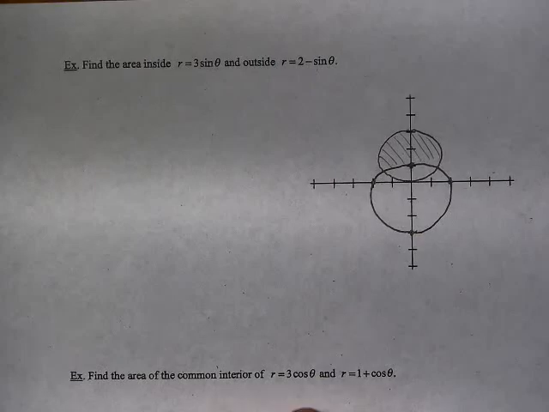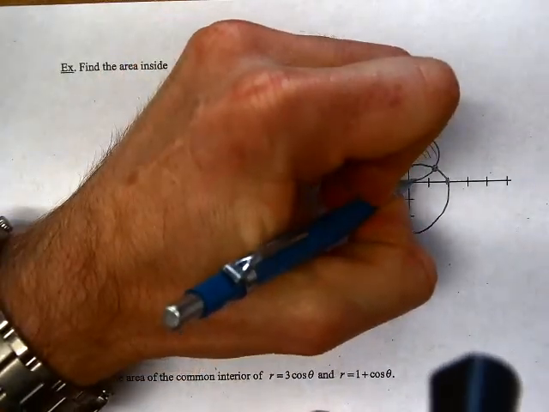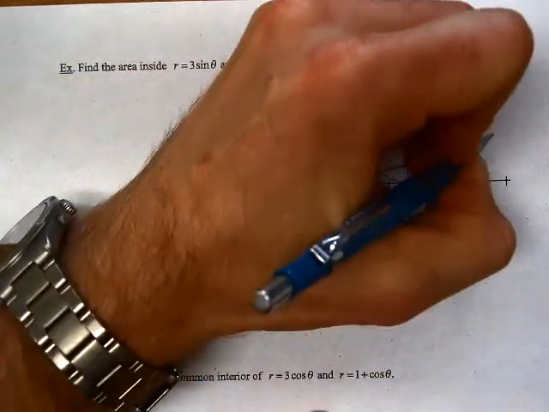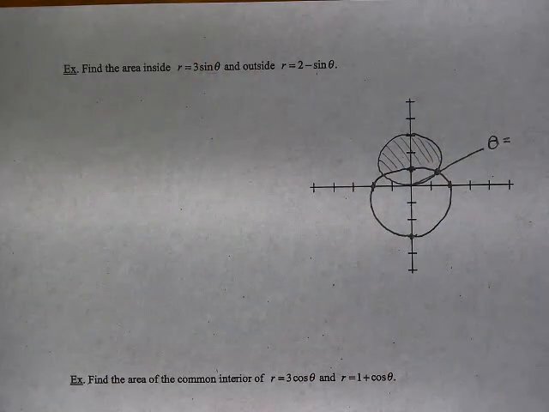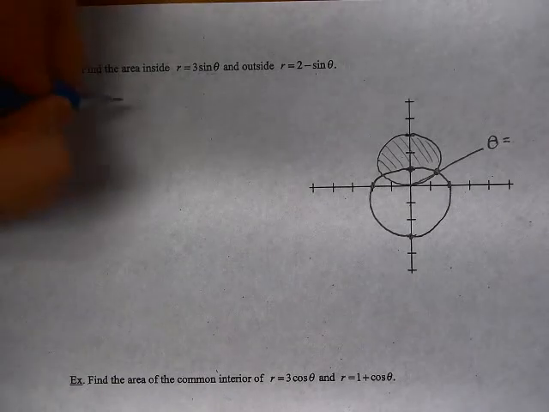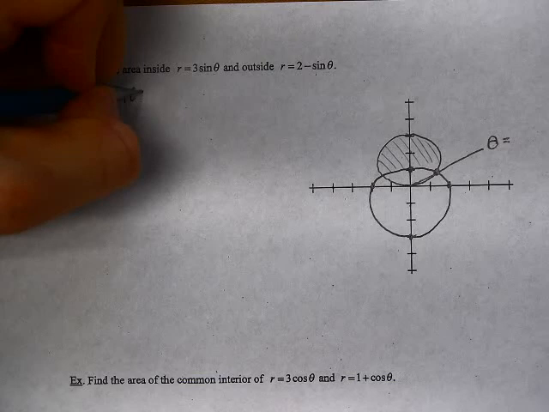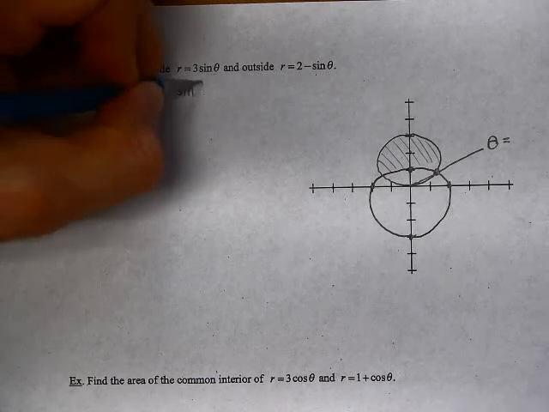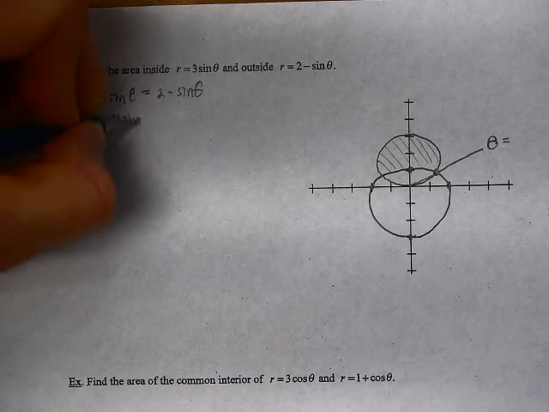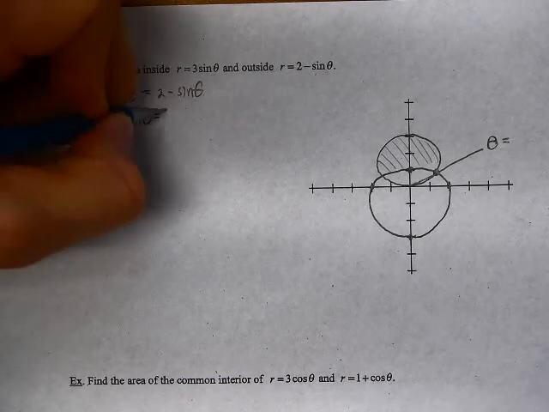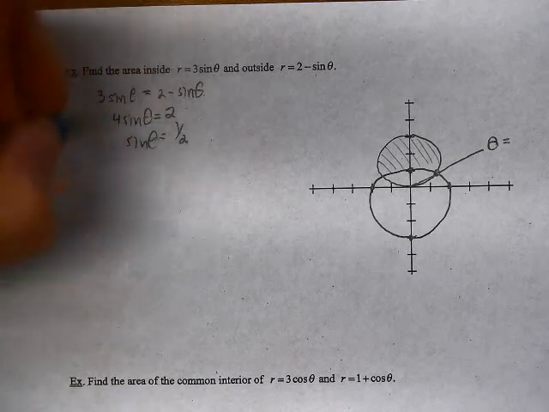Right, so we need to find the angular measurement of that intersection point there. So we need to set these equal to each other. So let's see, we get 4 sine theta equals 2, so sine theta equals 1/2.